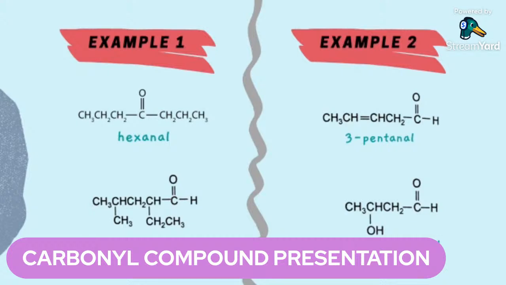For example number 2, we still have pentane as the parent's name, and we have a double bond at the carbon number 3, so the name of this compound will be 3-pentanal. And the second one, we have butane as the parent's name, and we have hydroxyl at the carbon number 3, so the name of this compound will be 3-hydroxyl butanal.